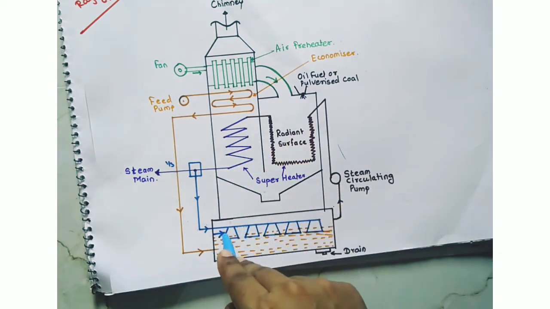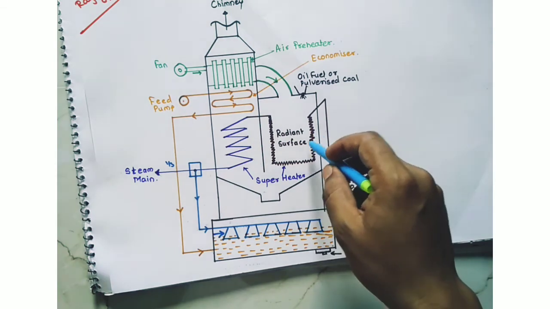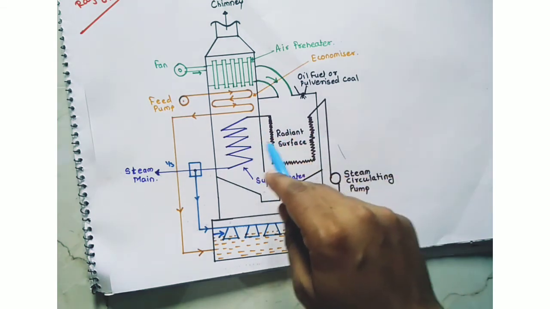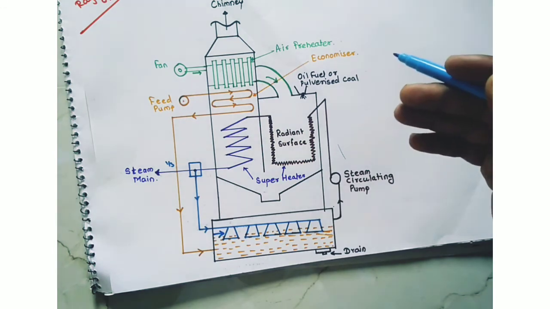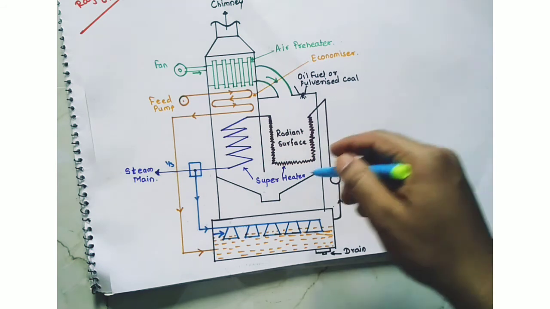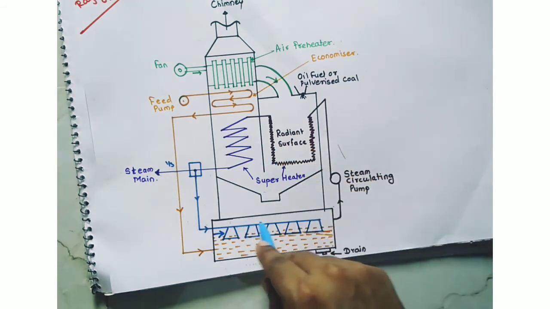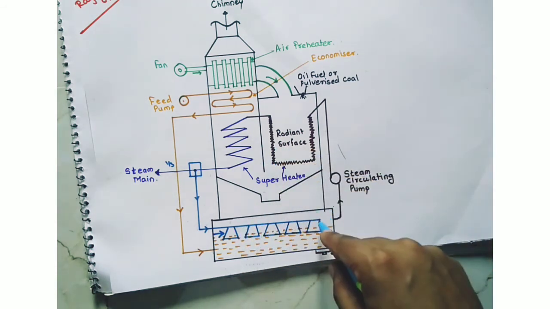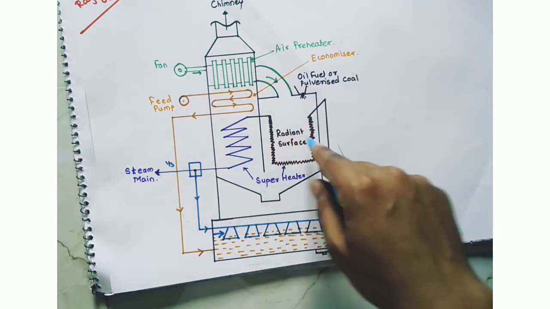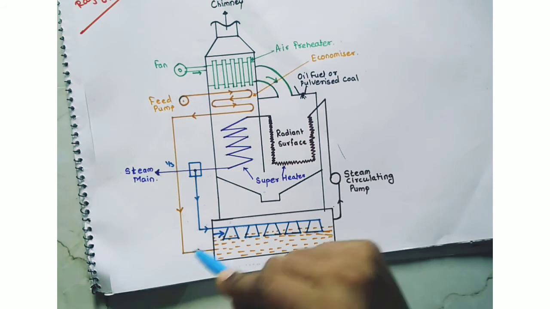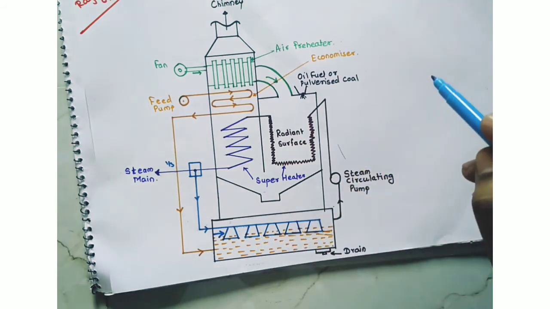The water is not provided to the evaporative tubes, so there is no possibility of salt deposition in the evaporative tubes, because the steam is generated in the evaporative drum and that steam is provided to the evaporative tubes. This is the working of the Loeffler boiler.